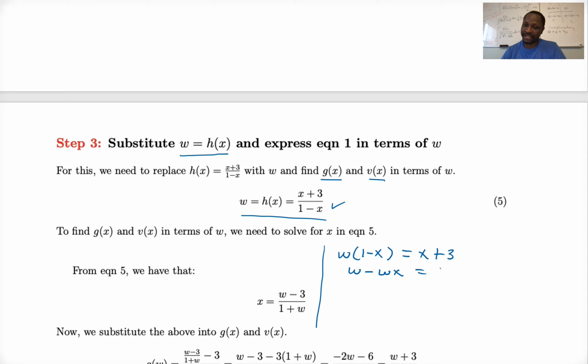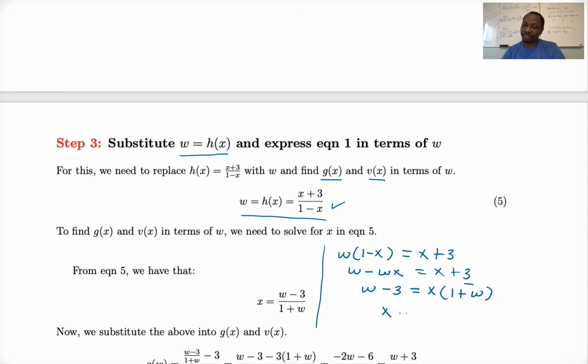When I collect like terms, any term with x goes to the right hand side and terms without x to the left hand side. So I'll have w minus 3, because 3 doesn't have x, it goes to the left hand side, and minus wx has x, it goes to the right hand side, and it becomes positive, right? So I just factored it in one step.